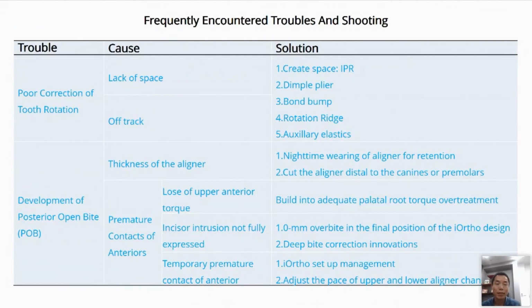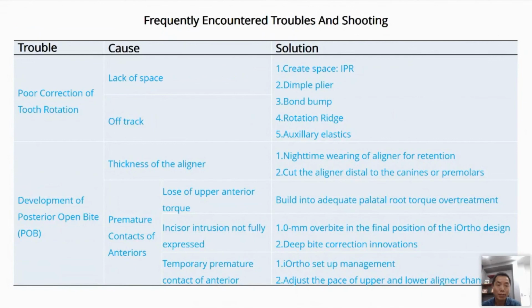For the thickness of the aligner, we can reduce the wearing time, wearing the aligner only at night, or we can cut the distal segment of the aligner to let the posterior teeth freely erupt.